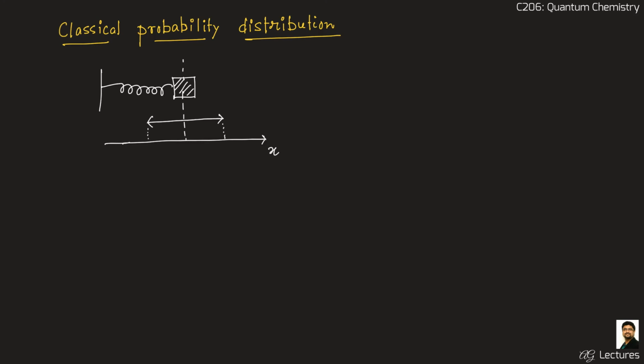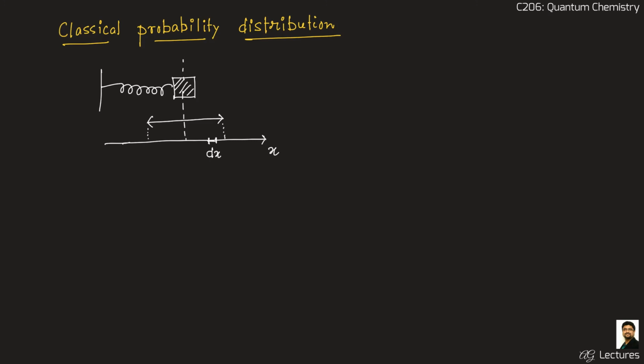Imagine you have a classical oscillator which is oscillating about this zero position, x equals 0, which you can call the equilibrium position. It has a certain amplitude, correct? So it is going back and forth. Now if we have to define the probability of finding this particular mass, classically we define it this way: for a particular position, suppose you have any small amount of position, we can call it dx.